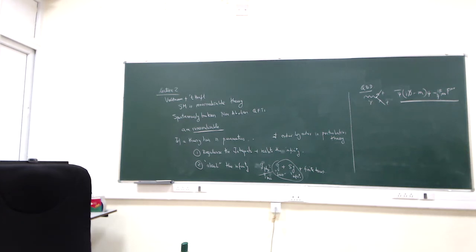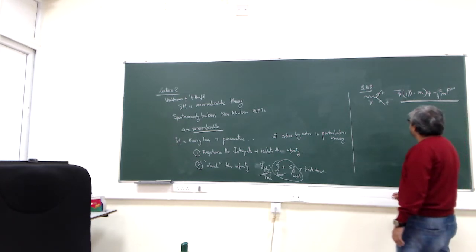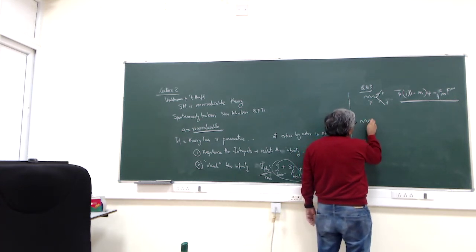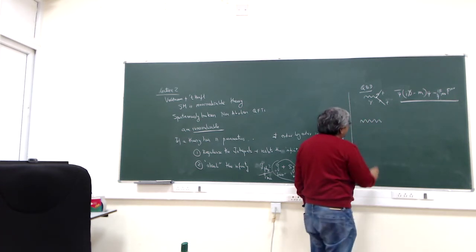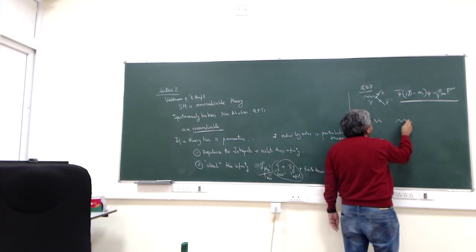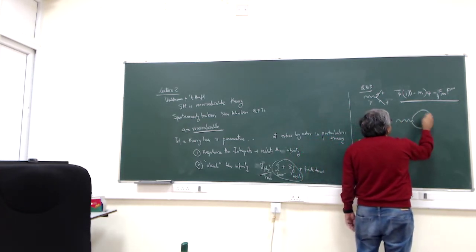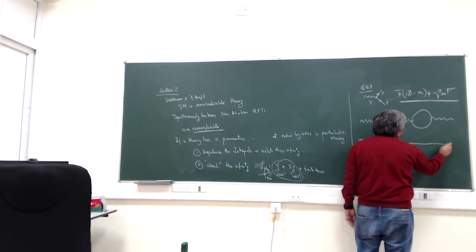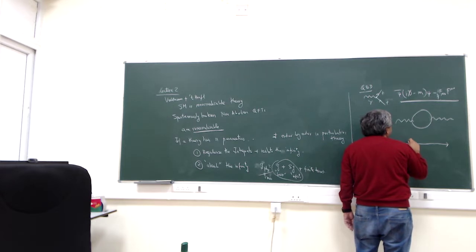And it has only one vertex in terms of Feynman diagrams. So now you can compute various things. A photon propagator is there and a fermion propagator is there. The photon propagator will get corrections of this type. The fermion propagator will get corrections of this type.